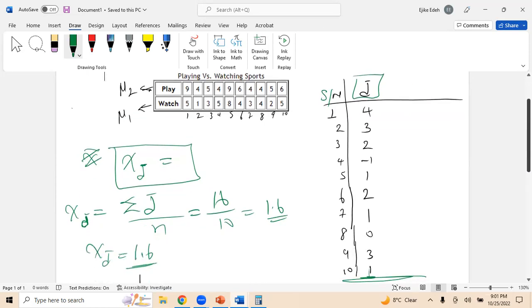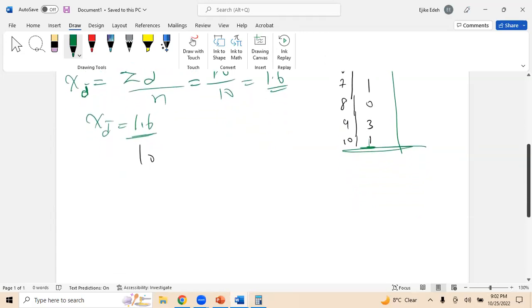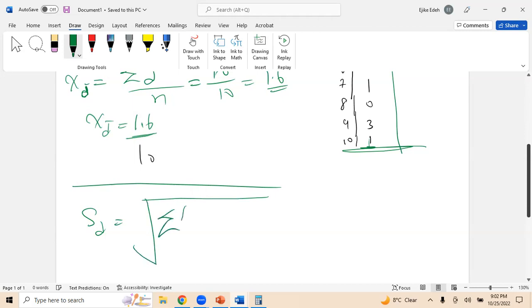Okay. So, and we know the formula for standard deviation. We know that the standard deviation here will simply be the square root, right, of the sum of your data point.